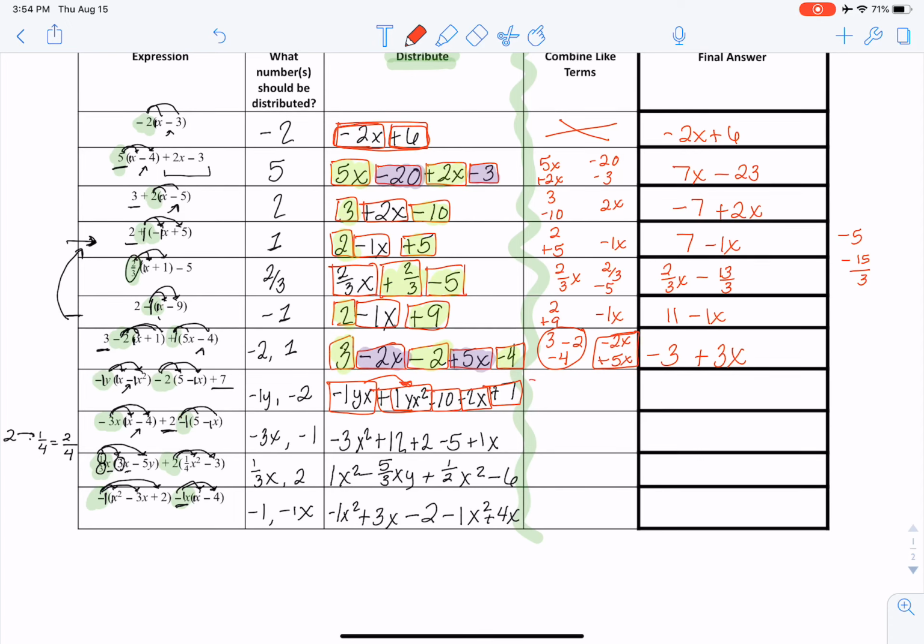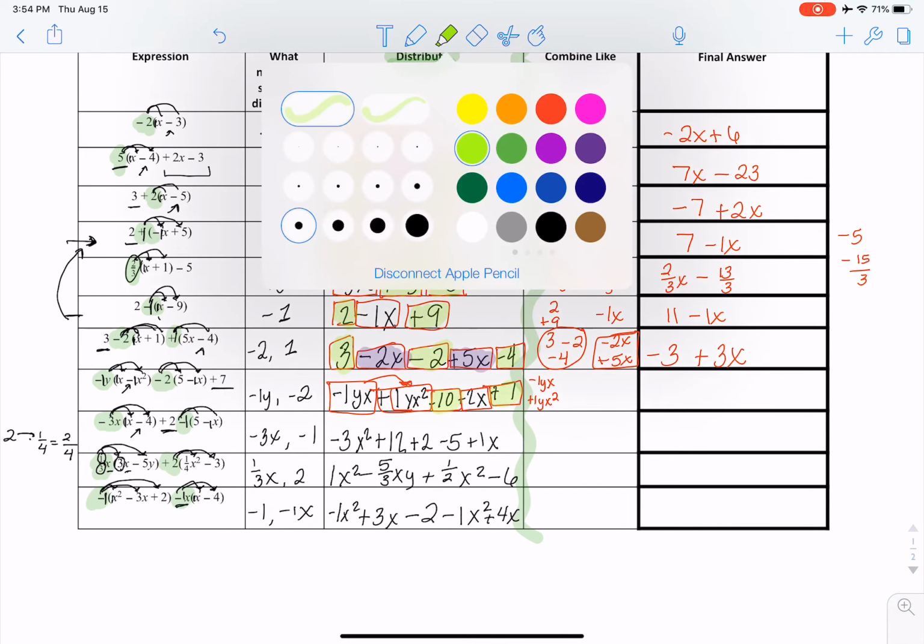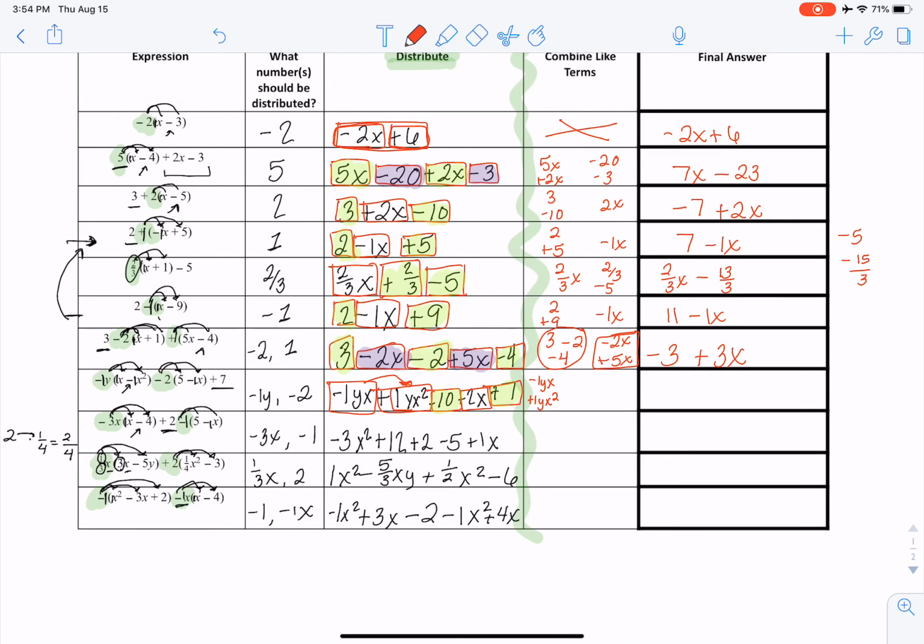So you have one group with a negative 1yx, another group with a positive 1yx squared, and then when you come over here, you can group this 10 and this 7. So the negative 10 and positive 7 can be grouped. The 2x also can't be grouped with anything because it is on its own just with an x, right?